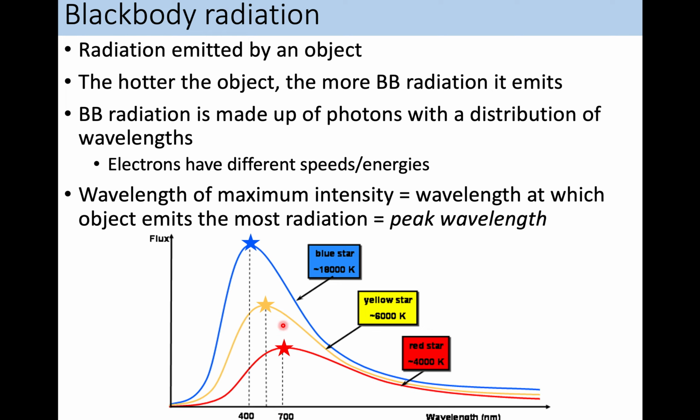Notice that this blue star is emitting wavelengths lower than blue and higher than blue. We look under the curve here of the blue. It's emitting all of these wavelengths, but the wavelength that it emits the most is in the blue visible light. So it's going to appear blue to us because it's emitting more blue than any other wavelength.